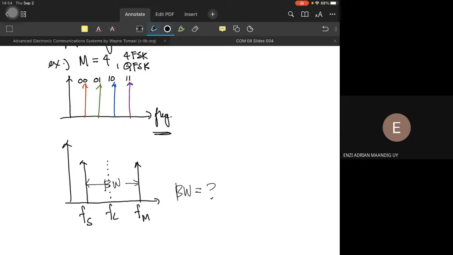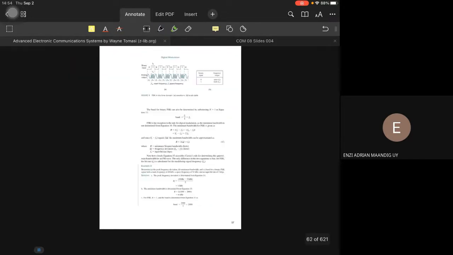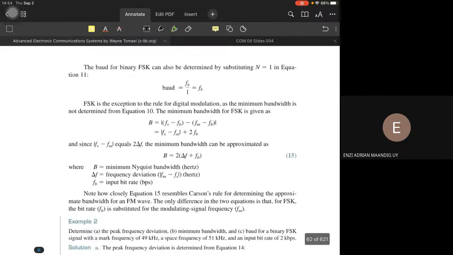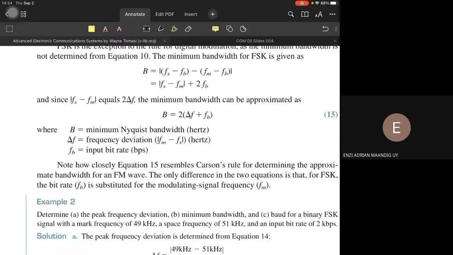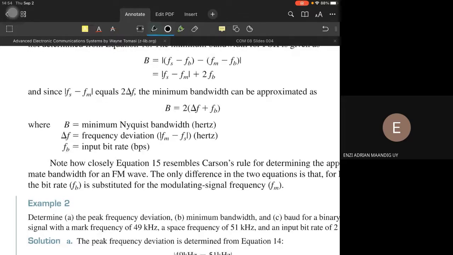Or I think it is better illustrated with an example. So this is the formula: two delta F plus the bit rate.